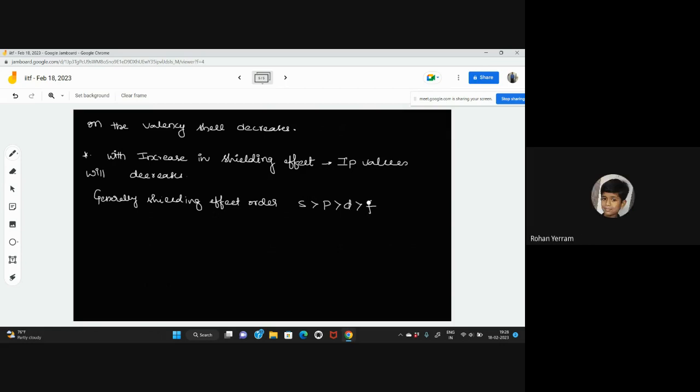Sir, but before, s will have the highest IP, no? Sir, shielding effect is highest in f. I think I have written the order reversed. F should be highest, sir. Okay, let me write like this.